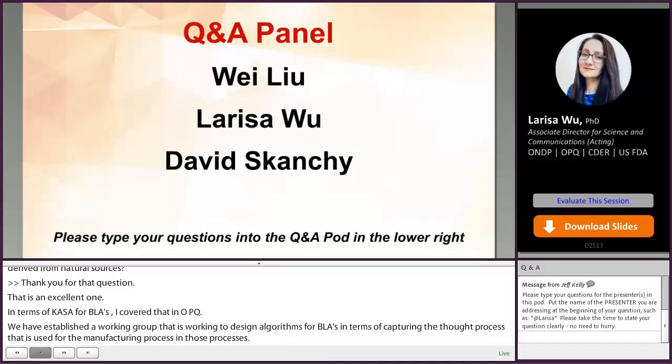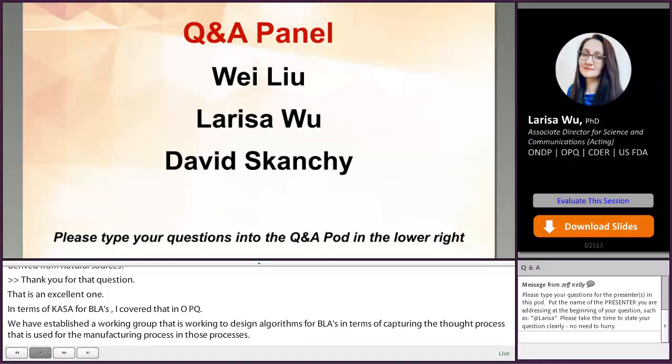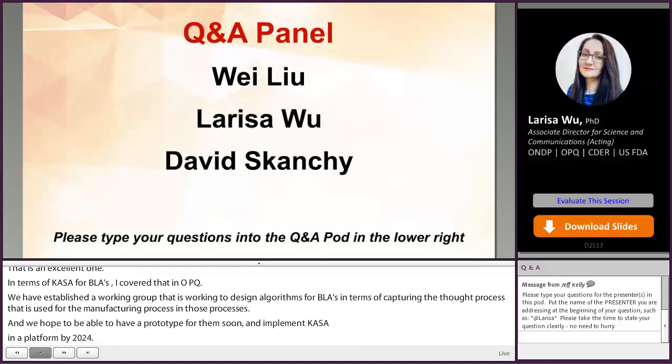For the second part of that question, the KASA for drug substance that will be applicable in the DMF division in ONDP, that particular interface is actually applicable to small molecules only.